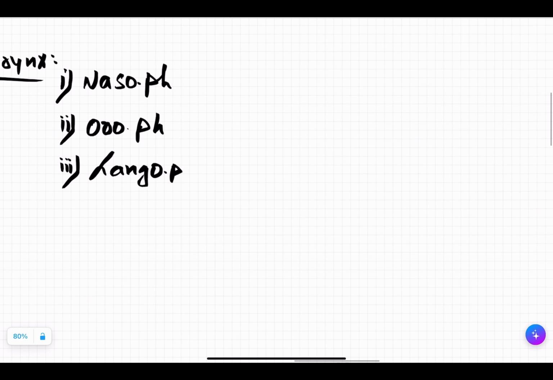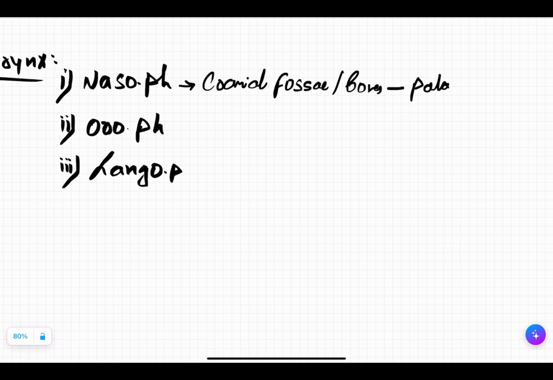Nasopharynx is between the cranial fossae or the bones to palate. We are talking about level. वो कहाँ से कहाँ तक extend करता है? Oropharynx between the palate and what?